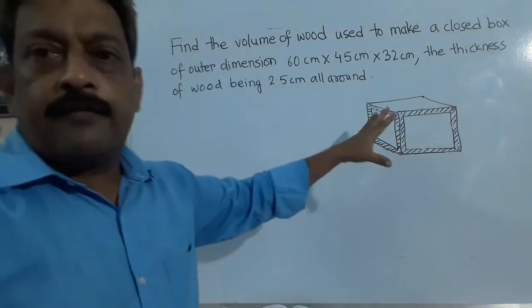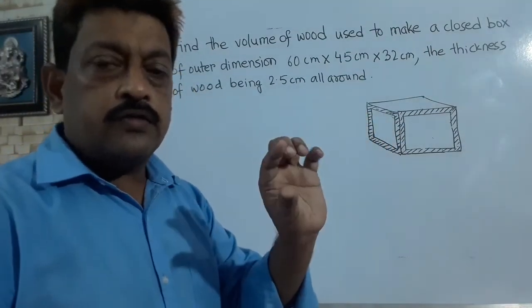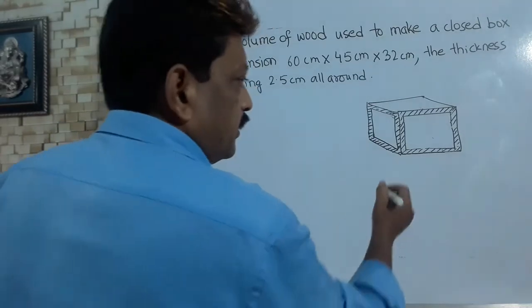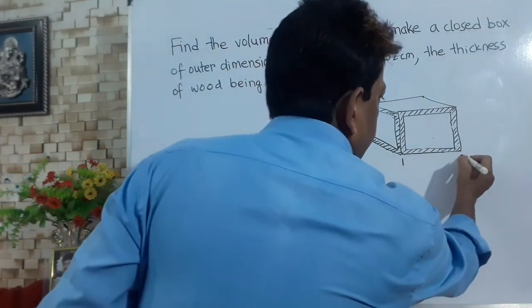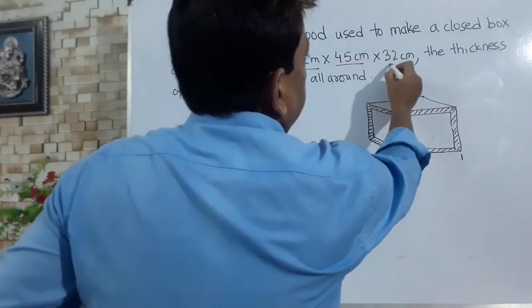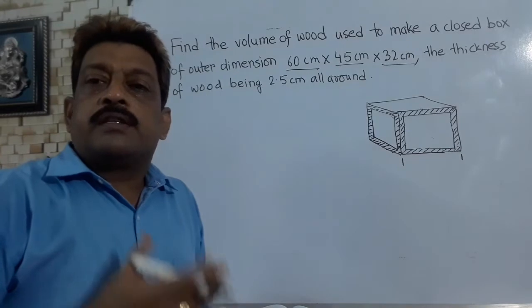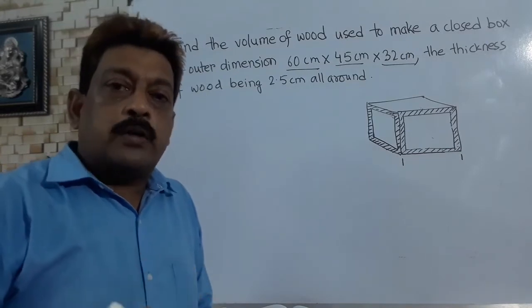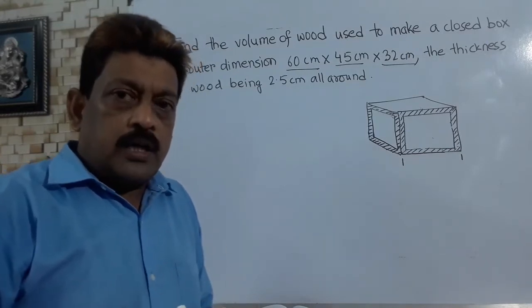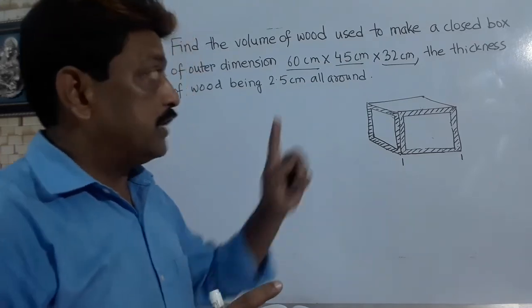Now see, I have tried to draw a box where I can show you the thickness of the wood. So here the outer dimension of the box is given as 60 centimeter into 45 centimeter into 32 centimeter. That means the outer length is 60 centimeter, the outer breadth is 45 centimeter, that is width, and the outer height is 32 centimeter.